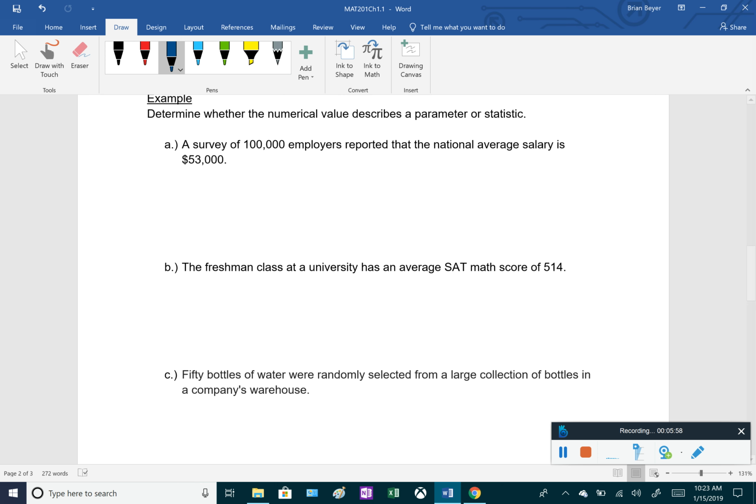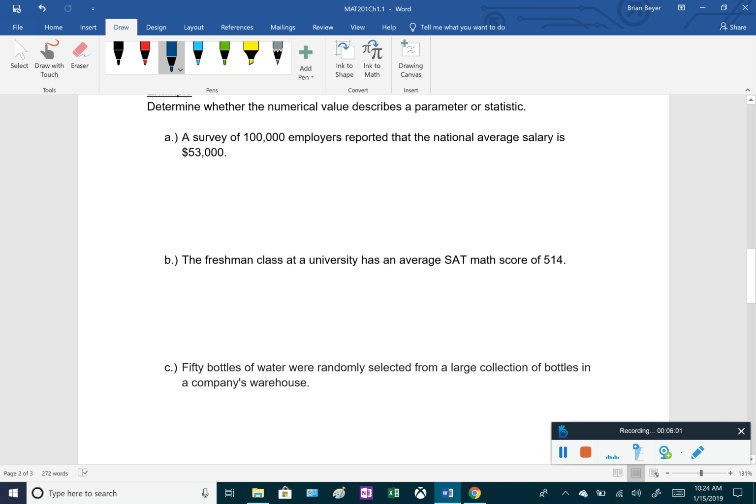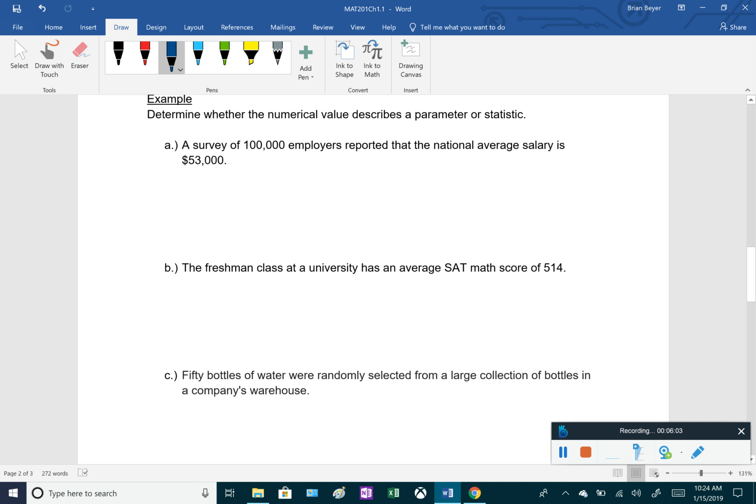So for the first one, we have a survey of 100,000 employers, and they reported that the national average salary is $53,000. So the number that we're referring to here, that we're trying to determine whether or not it's a parameter or a statistic, is 53,000. So we have to go up and think about what's that referring to. Is it referring to or is it describing a population, or is it describing a sample?